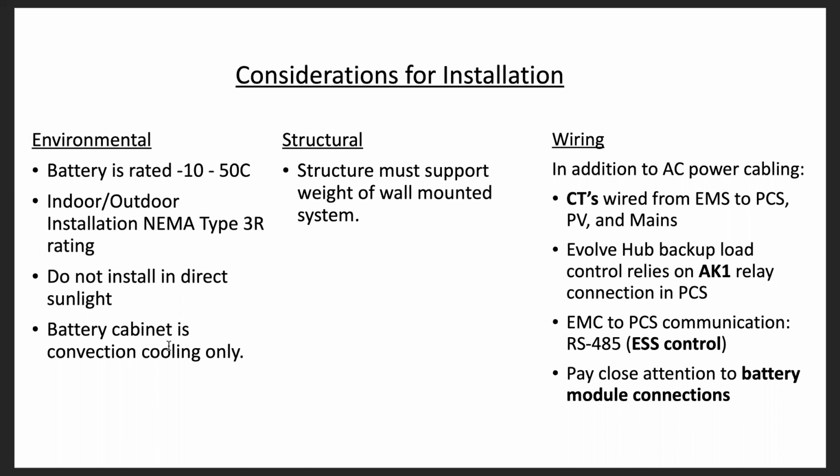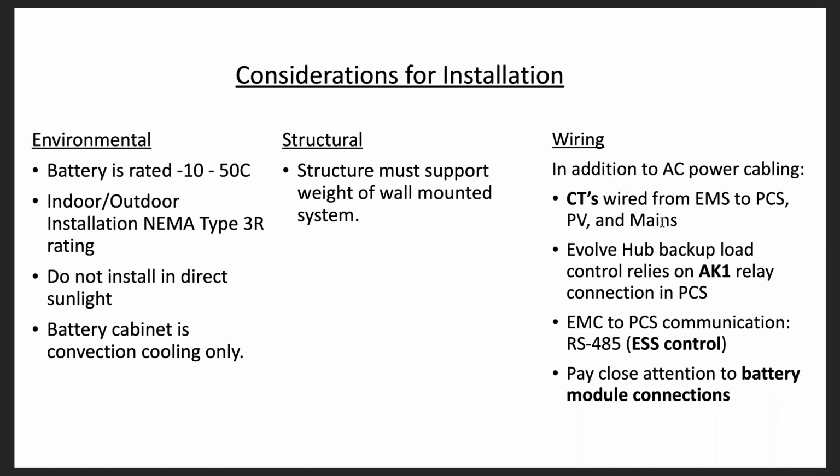As far as some of the wiring considerations when installing these systems, in addition to the AC conductors, you've got CTs that are wired between the control or the EMS and the PCS or the battery cabinet, as well as the PV CT and the mains CT at the point of common coupling or the service panel.